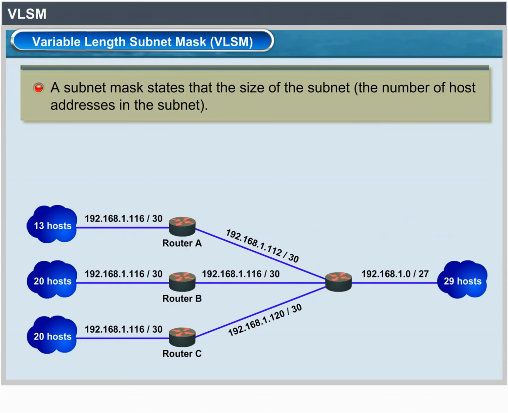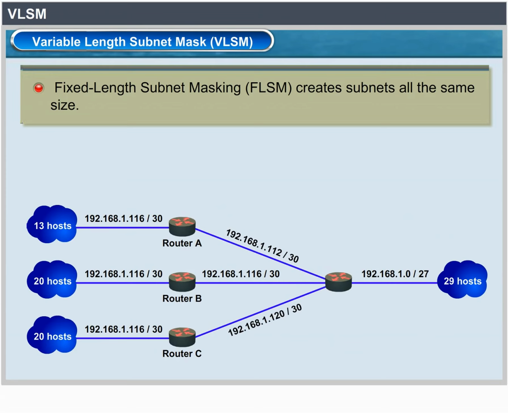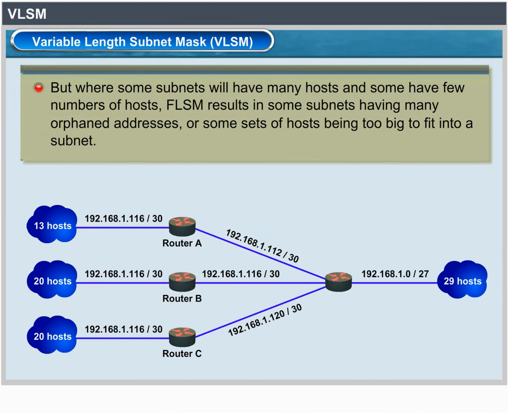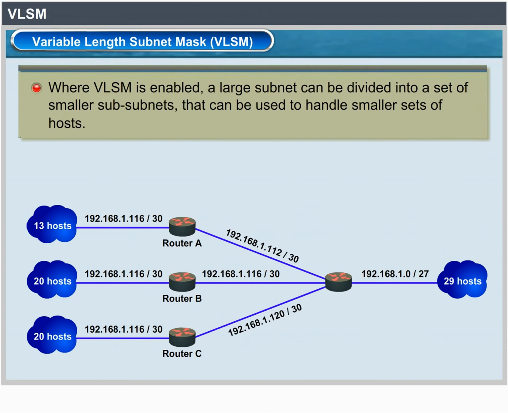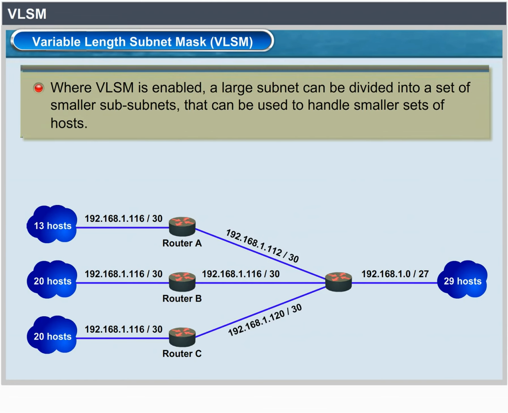Fixed length subnet masking, or FLSM, creates subnets all the same size, but where some subnets will have many hosts and some have few, FLSM results in some subnets having many orphaned addresses or some sets of hosts being too big to fit into a subnet. Where VLSM is enabled, a large subnet can be divided into a set of smaller subnets which can be used to handle smaller sets of hosts.